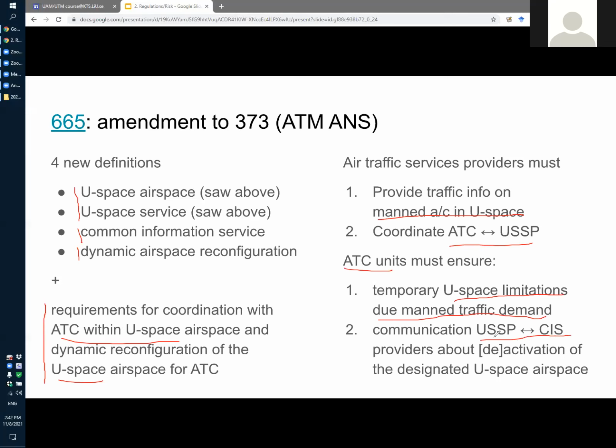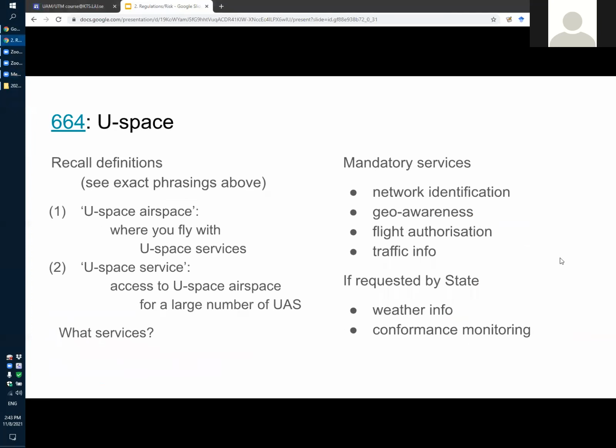And again, the U-space service provider has to communicate through this common information service, explaining what kind of U-space has been activated, deactivated, what boundaries there are, what constraints, what limitations. Anyway, I guess they're more or less repeating the same story. Coordinate, communicate. So that's it about 665.